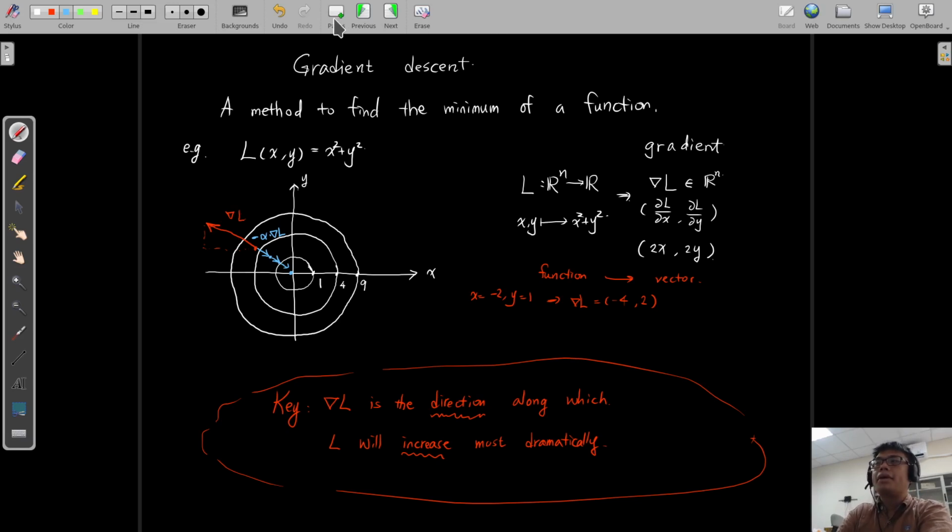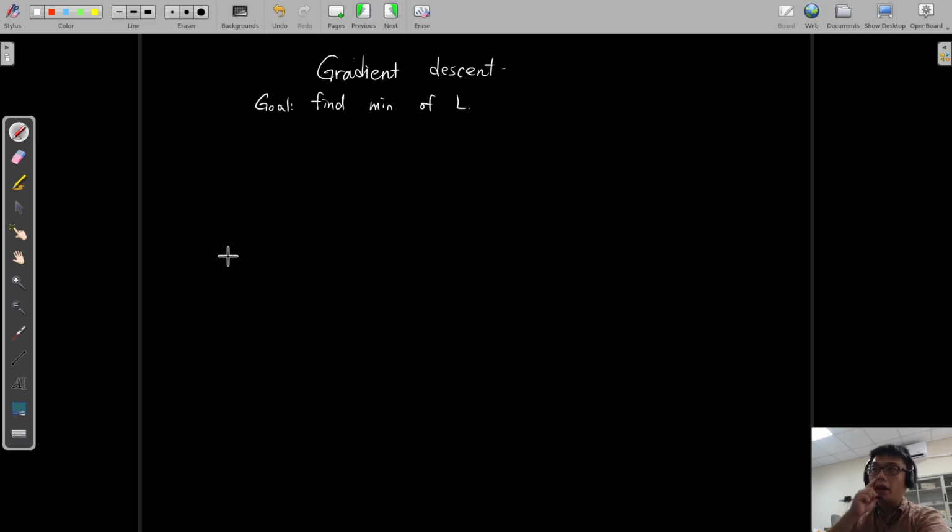So here is the formal statement. The goal is to optimize, or to find the minimum, of a function L. And this function L may have several variables. Let's call that x, as a vector.